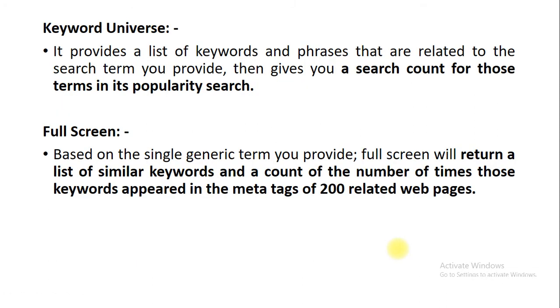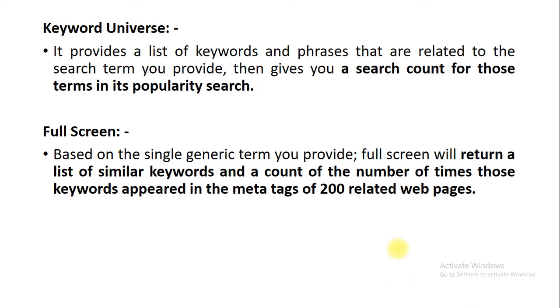Next is called Keyword Universe. Keyword Universe provides a list of keywords or phrases that are related to the search term you provide, and then gives you a search count for the term in its popularity of search. So it will give you the list of keywords based on the popularity of that particular search.